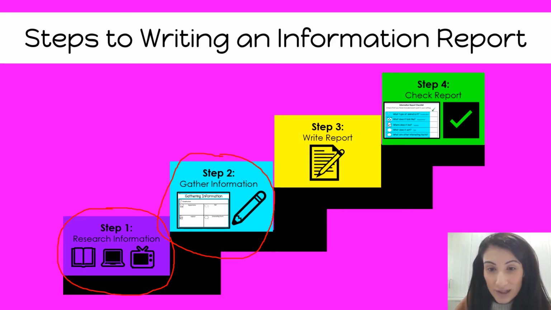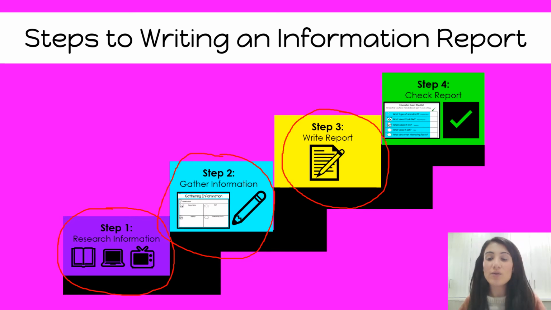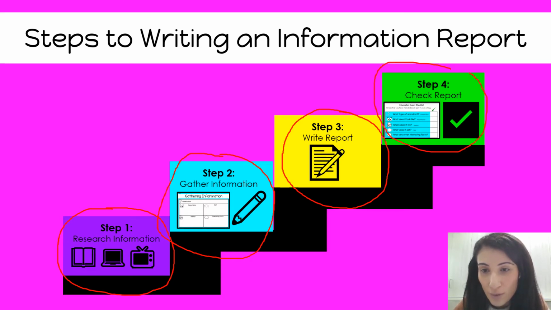Now the next step, step 3, is to actually write the report. So we're going to use the information from our gathering information chart and put it into an information report. Then the last one, step 4, is to check the report.